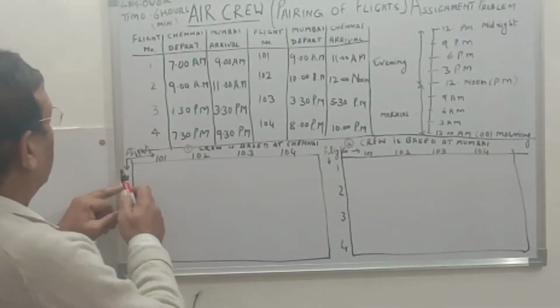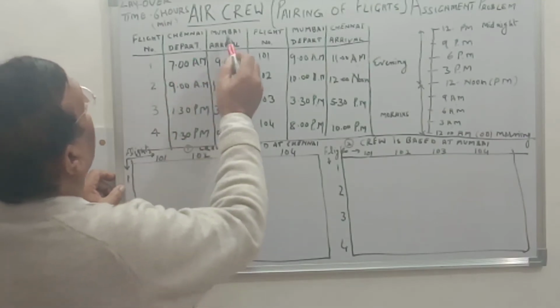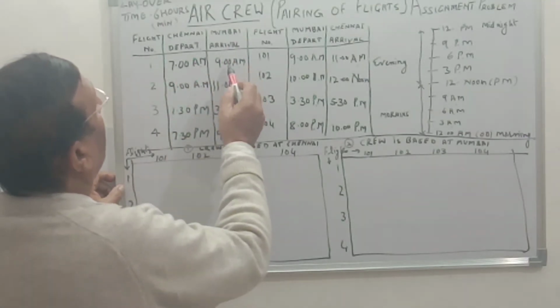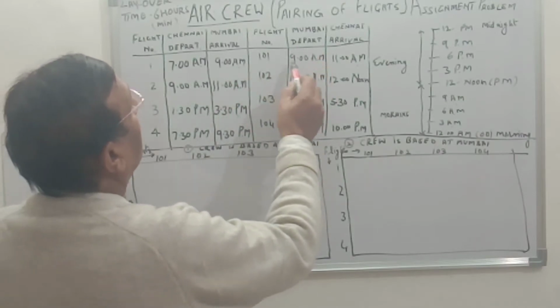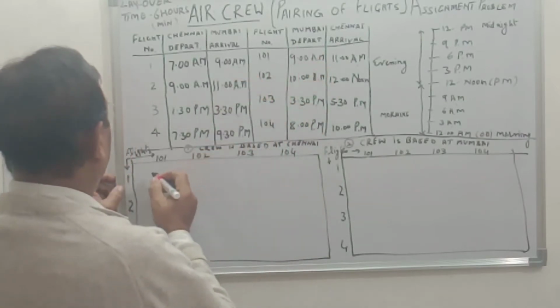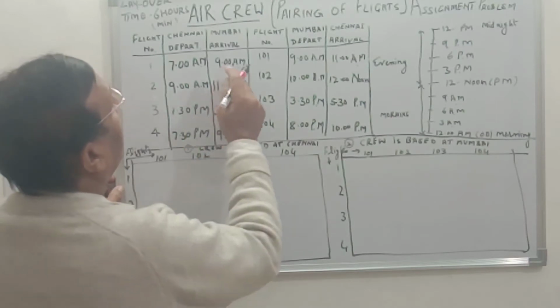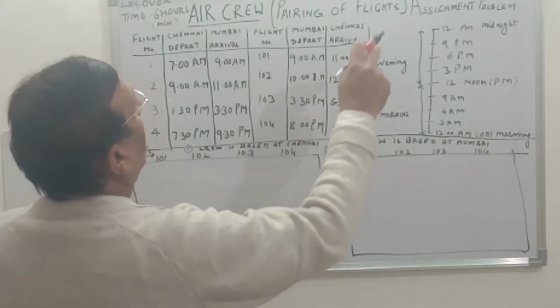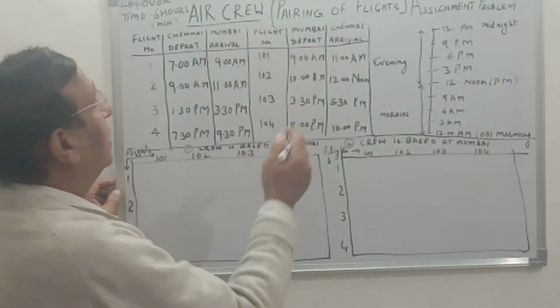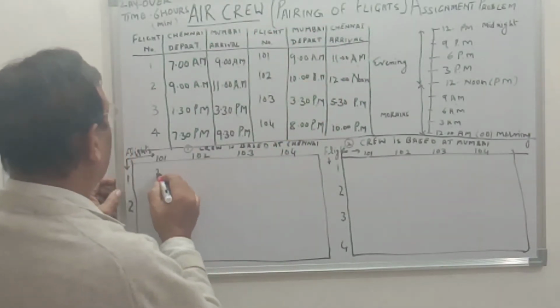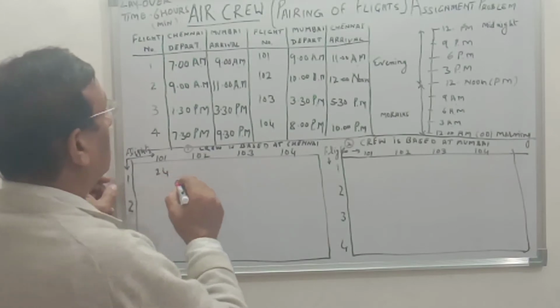So one flight arrives at Bombay at 9 a.m. and it will depart as flight 101 at 9 a.m. It cannot be on the same day. It will be next day.